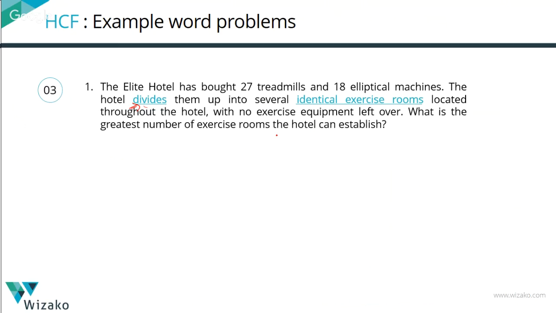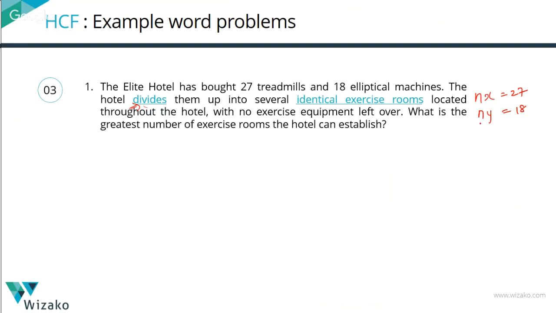What is the greatest number of exercise rooms the hotel can establish? The hotel has n exercise rooms. And let's say it's putting x treadmills into each of these rooms. n into x is going to be equal to 27. It's going to have n exercise rooms, and put y elliptical machines in each room. n into y is going to be equal to 18.